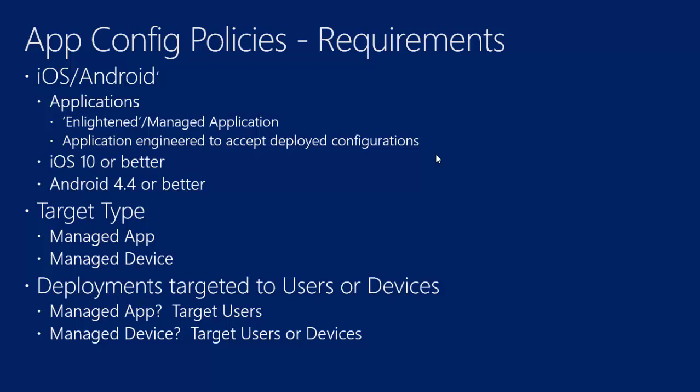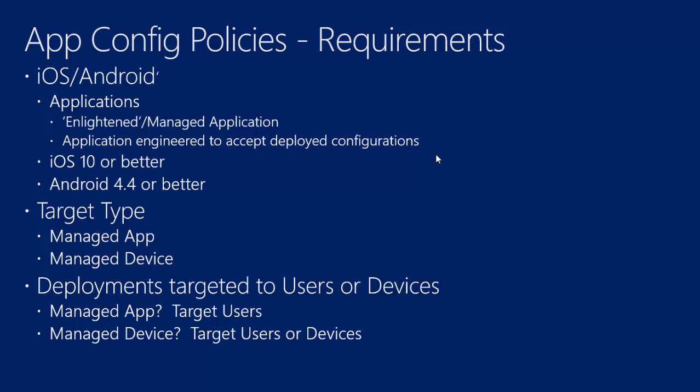For example, managed apps, enlightened apps are capable of receiving configuration because they use the Intune SDK. But the Intune SDK isn't required. There are other apps that are just as capable of receiving the app configuration from Intune whenever you deploy it down. In that case, though, it's not an enlightened managed app. It is an app you deploy to the device, and then the configuration goes on top of that.